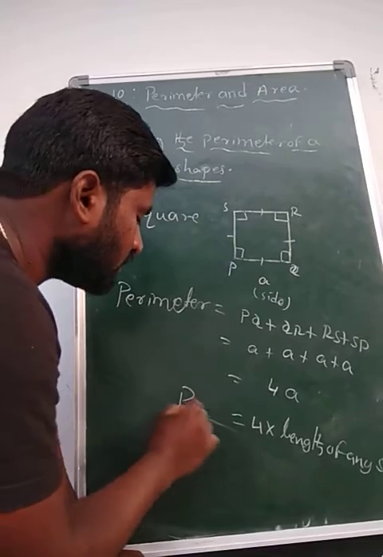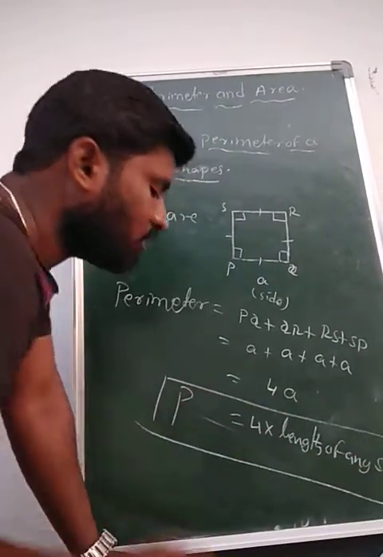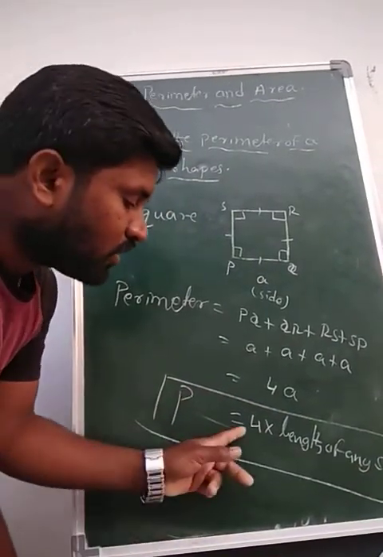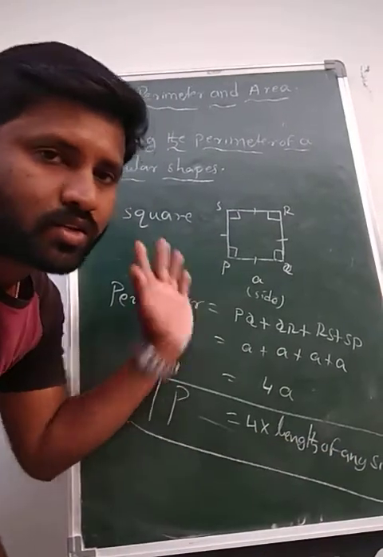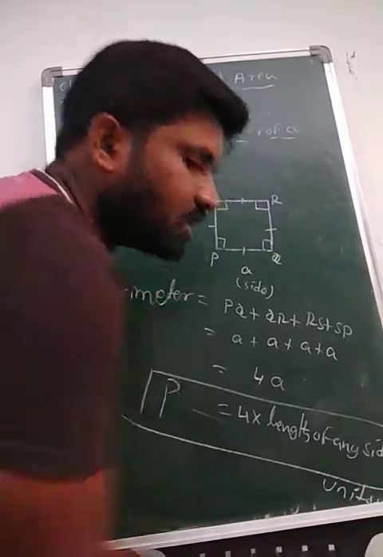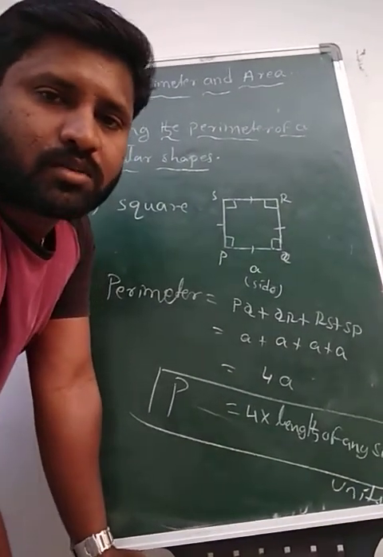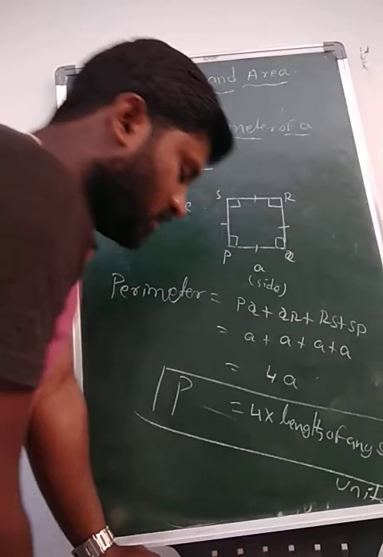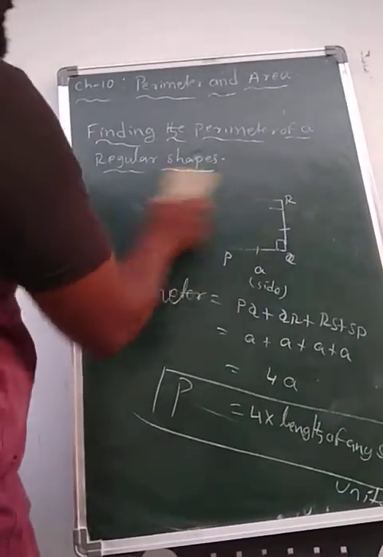So the perimeter of a square, what is the formula? That is 4 into the length of any side of a square. Units? Whatever is given there: if centimeter then centimeter, if meter then meter. Okay, next shape.